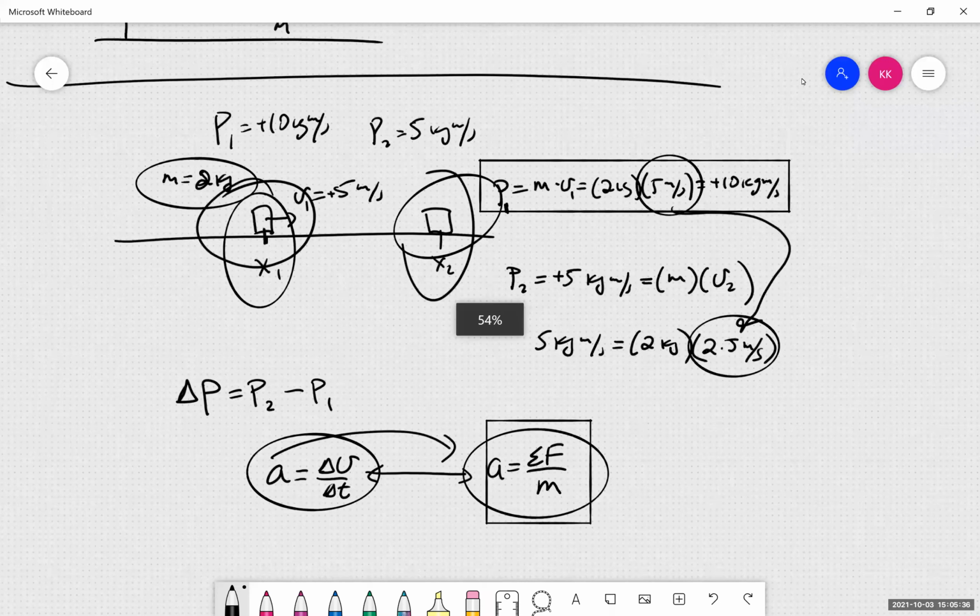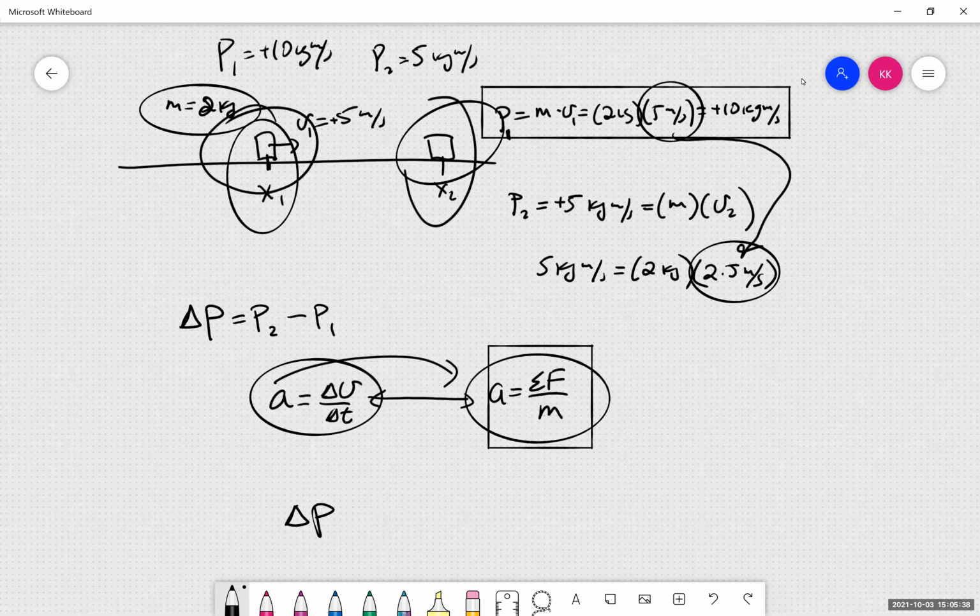Now, the question here is what changes the momentum of the object, delta P? If I'm changing the momentum of the object, as you can see, we went from 10 kilogram meter per second to 5 kilogram meter per second. So it's a decrease of momentum. And the momentum decreases as a function of time, because this was my t1, this is t2, right?